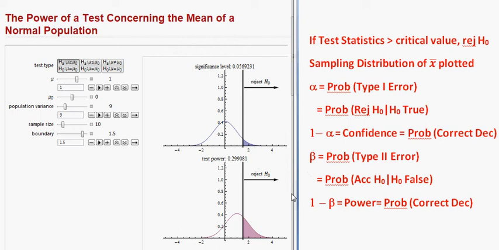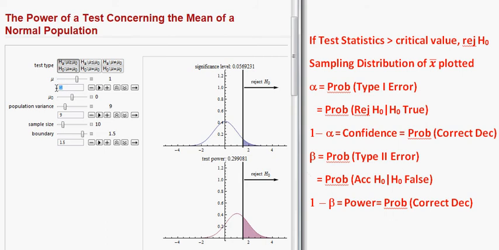When there is a big overlap, the x bar can come from either one of those. Intuitively, that's the reason why this error is pretty big. So now I'm going to change the alternative hypothesis mean to 2. Now the distribution is shifted to the right.